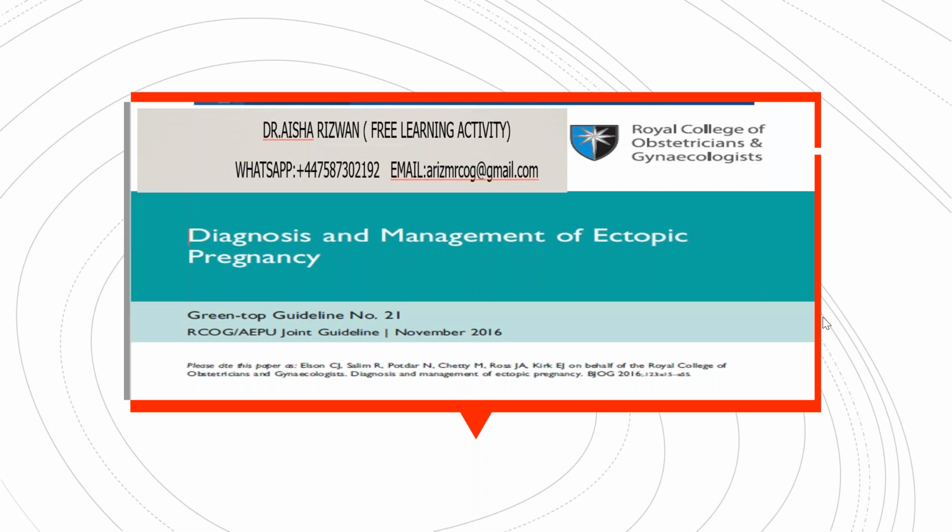Then in the service and the training, the question is, what is the most appropriate setting for the management of women with an ectopic pregnancy? Okay, so the providers of the early pregnancy care, they should provide a 7-day early pregnancy assessment service with direct access for the women referred by the GPs and the accident and emergency departments.